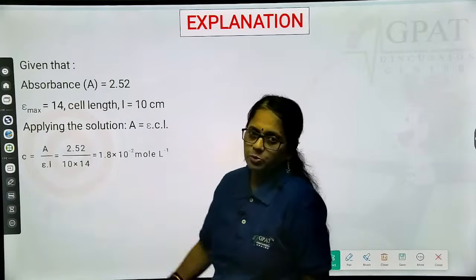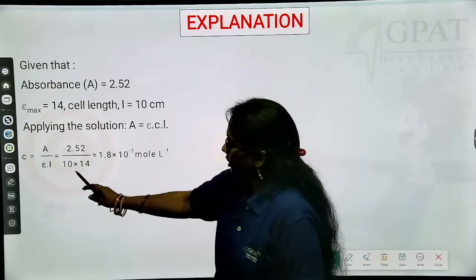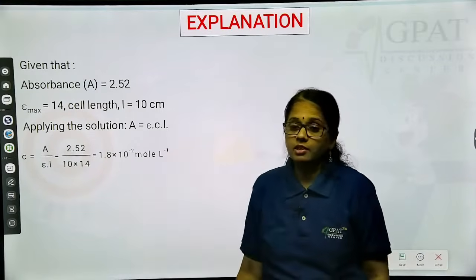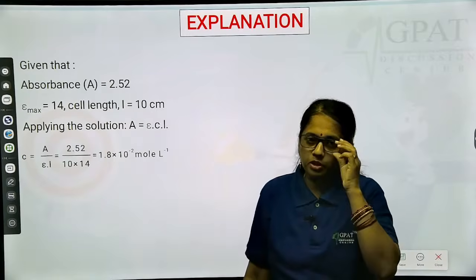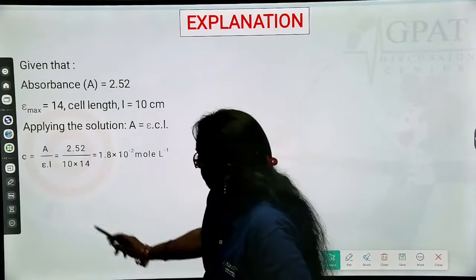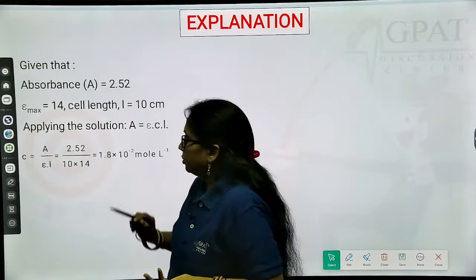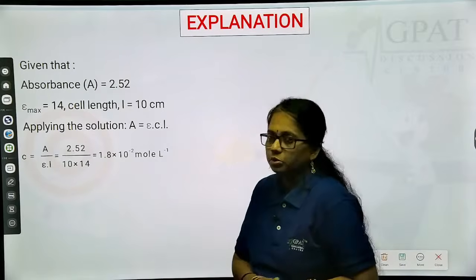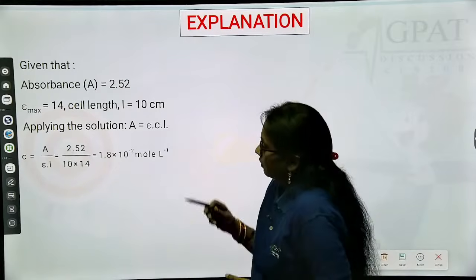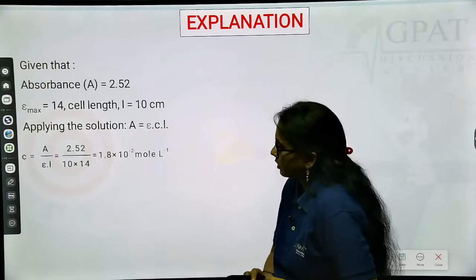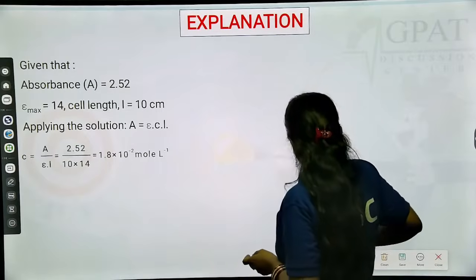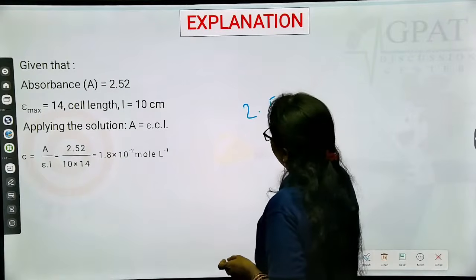A by epsilon into path length. Here the path length they have given is 10 centimeters. For 1 centimeter it would be 1, but here 10. So 2.52, which is absorbance, divided by 10 into 14. Obviously finally you are going to get the answer 2.52 divided by 140, right?